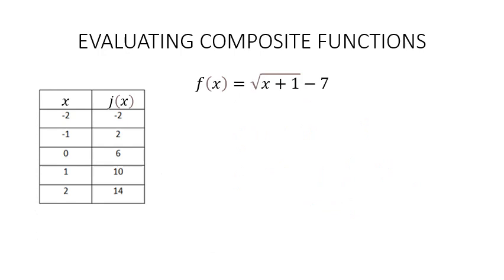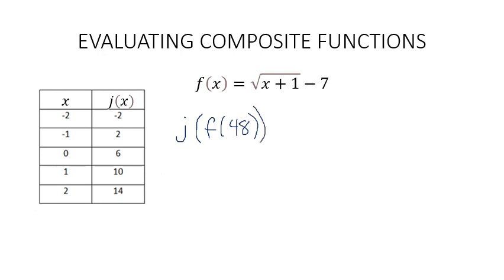In this example, we have a table of values and an equation, and we can still find a composite function value by using the information that we have. So if I'm asked for j of f of 48, I start with the inside function.